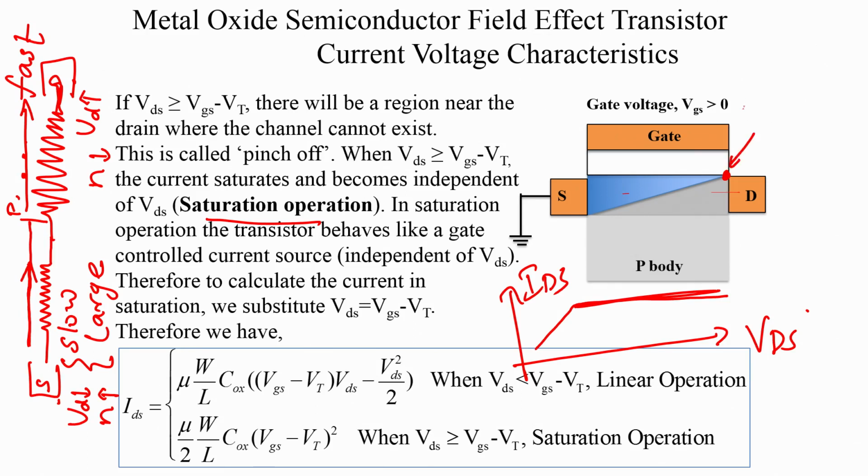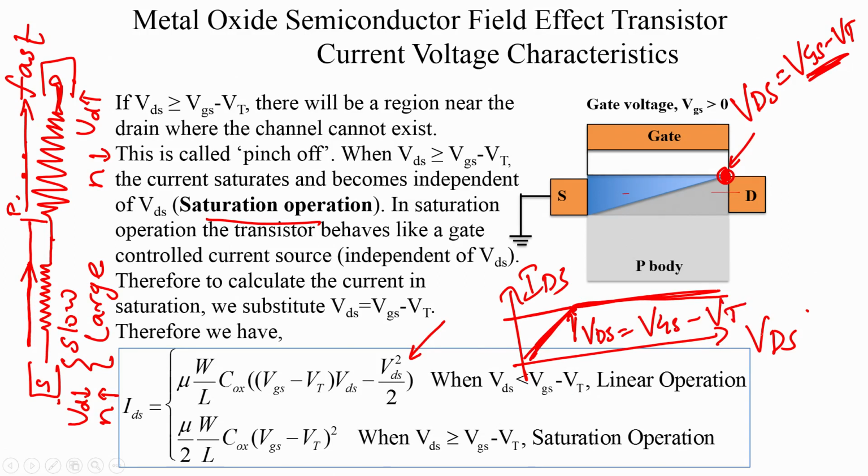Which is when VDS becomes equal to VGS minus VT, or in other words, when the channel potential at this location becomes equal to VGS minus VT, then the device current becomes constant, it stalls, it does not increase anymore with VDS. So, we take the linear equation, and in order to find out what this current is, we look at the last point on the linear region, we substitute VDS equal to VGS minus VT, and we use that as the current for all values of VDS which are greater than VGS minus VT.